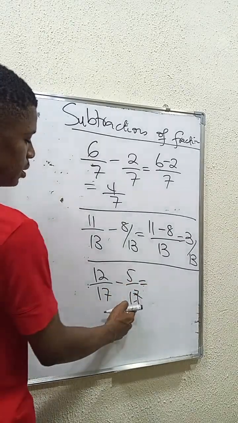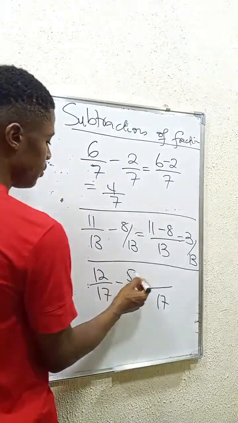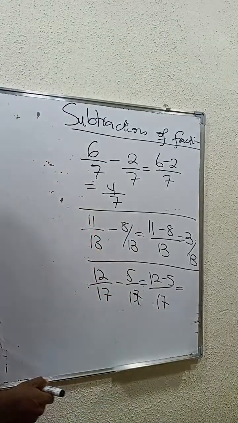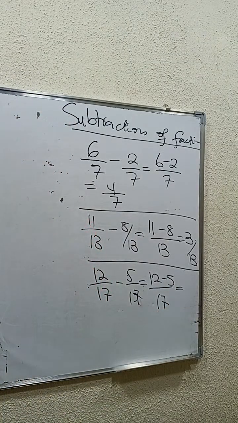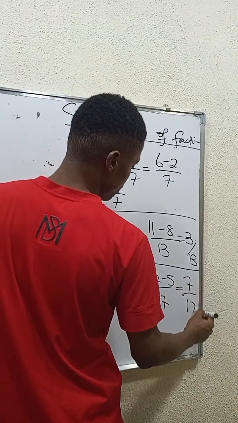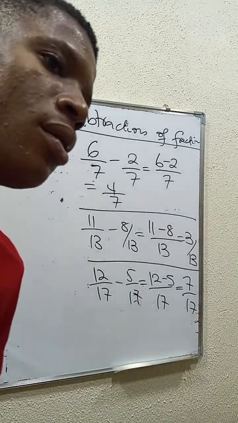You have the same denominator, keep it the same. So we do 12 minus 5. What is 12 minus 5, please? Let me know. Okay, you have it as 7. Correct. So the answer is 7 over 17. So write it and let me know.